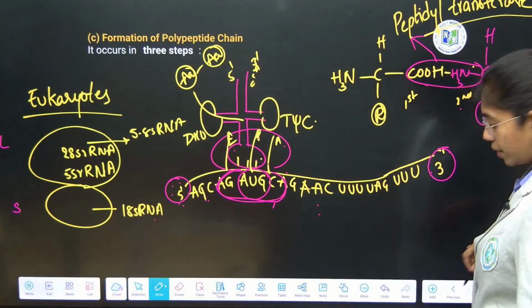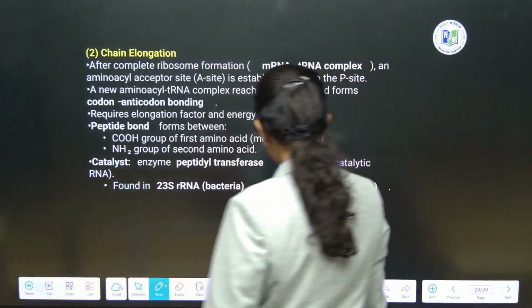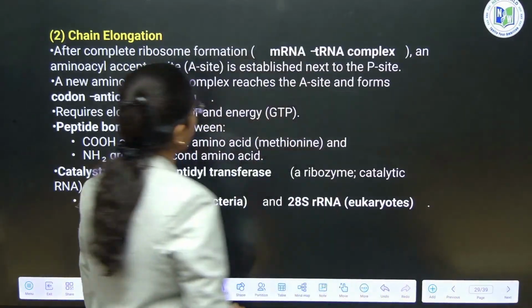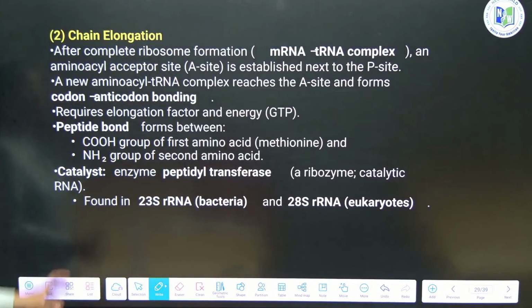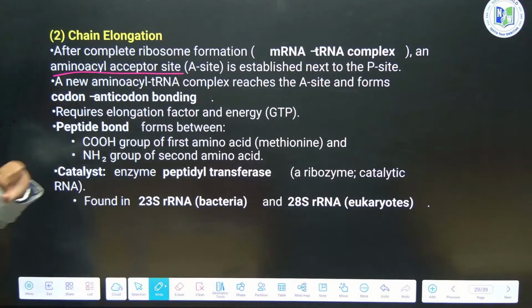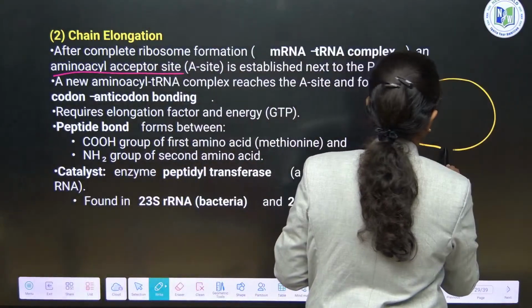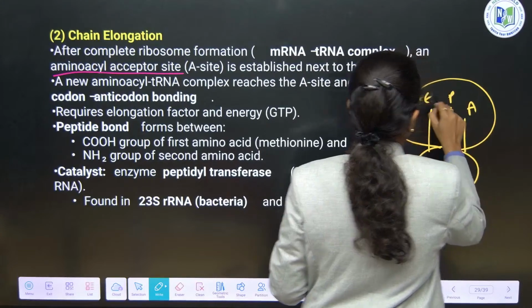Clear till here? Here you see the elongation process given in detail. After complete ribosome formation, the mRNA tRNA complex is formed, with the aminoacyl acceptor site at the A site. It is established next to the P site. Here it will be clear to you, see A, P, E site.